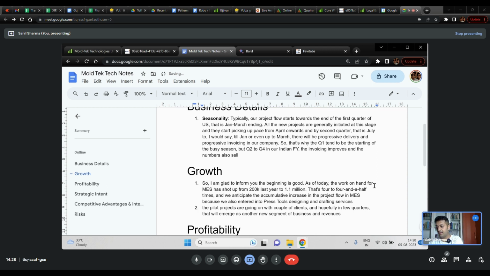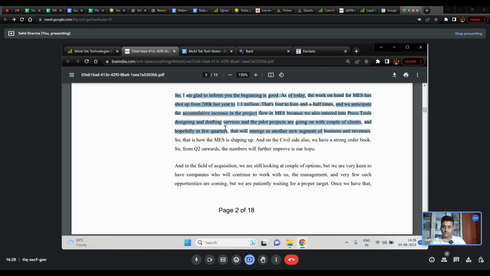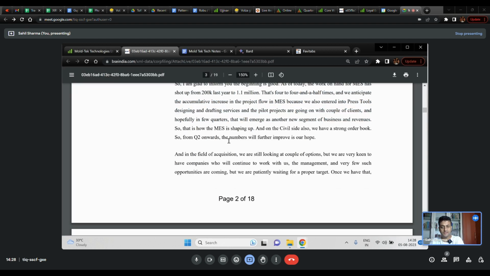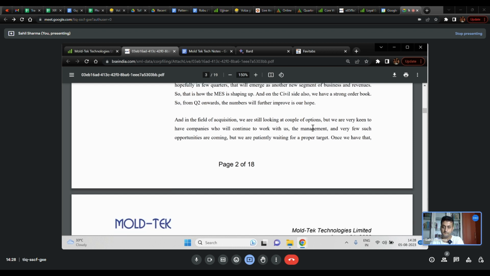One is the MES scale up, and then he's talked about pilot projects with new clients. Right? And then he says that even on the civil side, they have a strong order book, and from Q2 onwards, numbers will further improve, is what they are baking in.